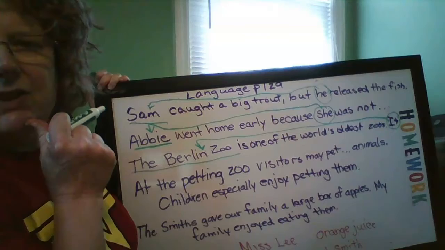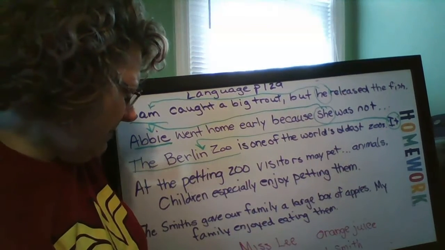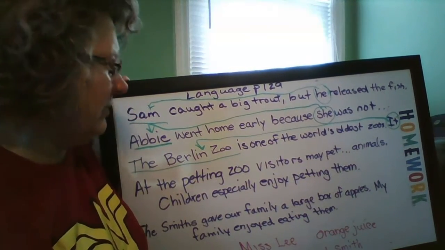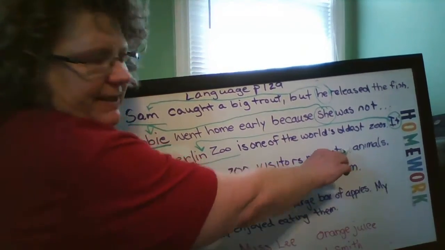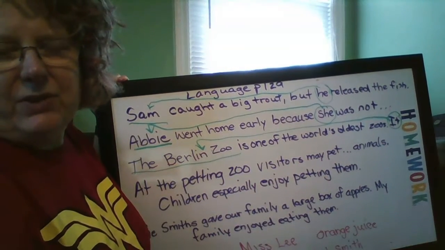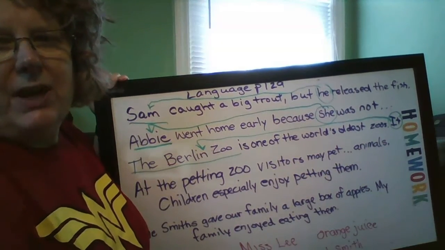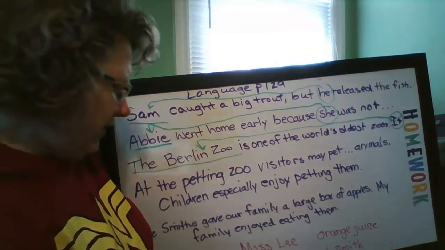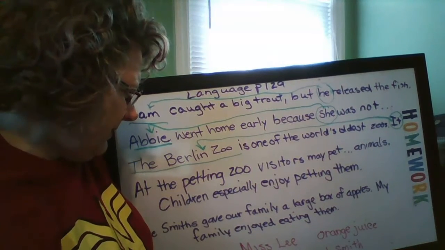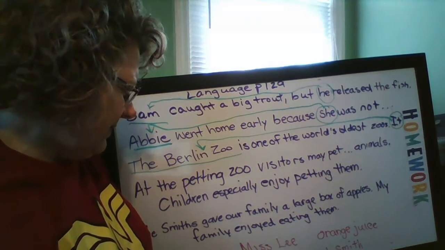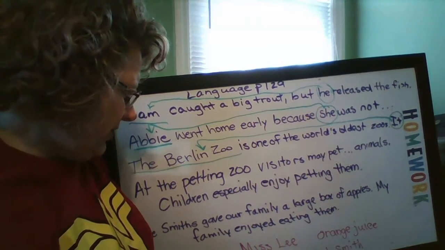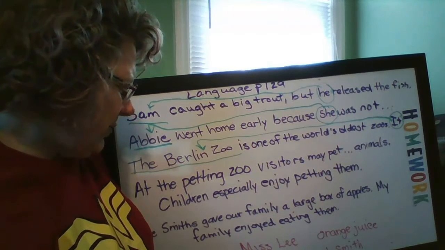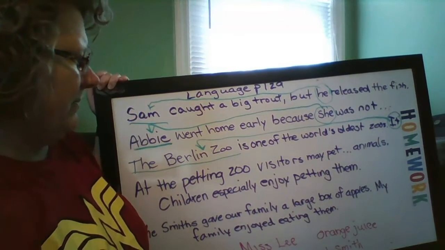At the petting zoo, visitors may pet several different animals. You're going to see I put some dots in there. That's because I couldn't fit all those words on my board, so I just left some words out. But your book says, at the petting zoo, visitors may pet several different animals. Children especially enjoy petting them.